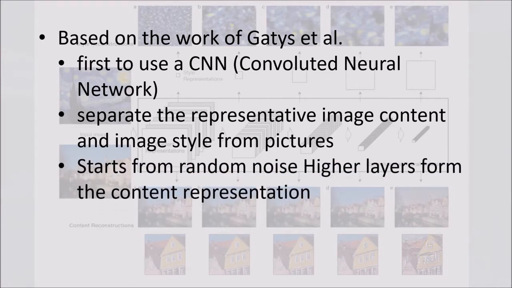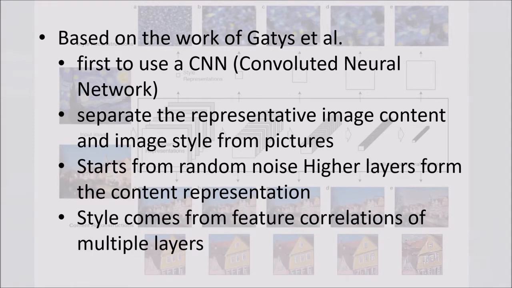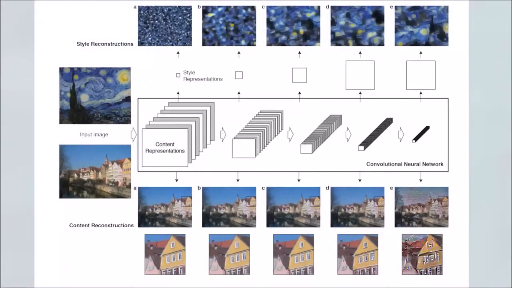Higher layers in the network form the content representation, whereas the style comes from the feature correlations of multiple layers, giving the texture information but not the global arrangement. The input image is held as a group of filtered images within the CNN. The number of these content representations increases as you go up the hierarchy.